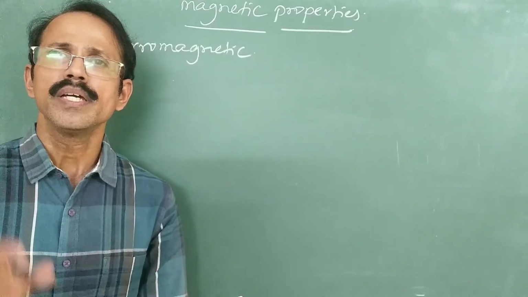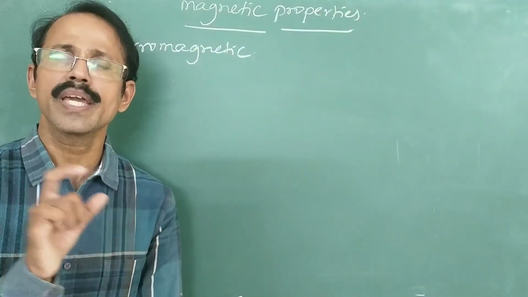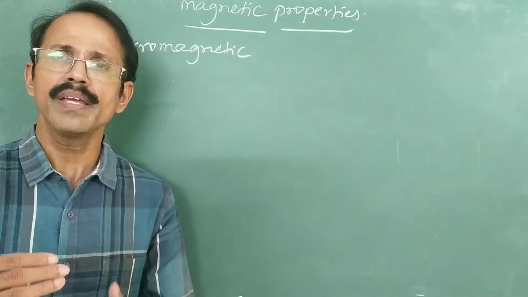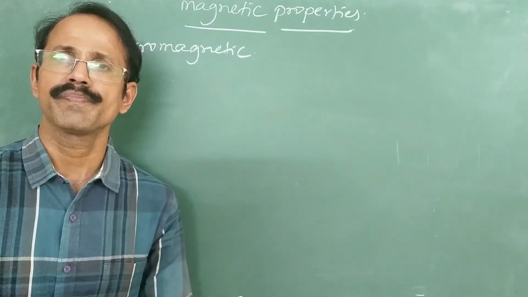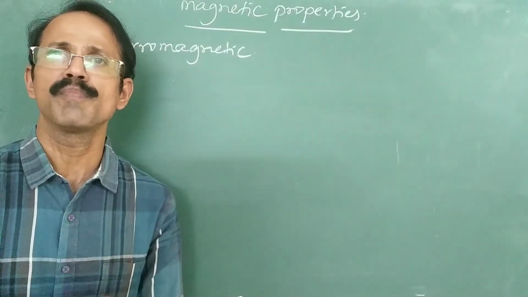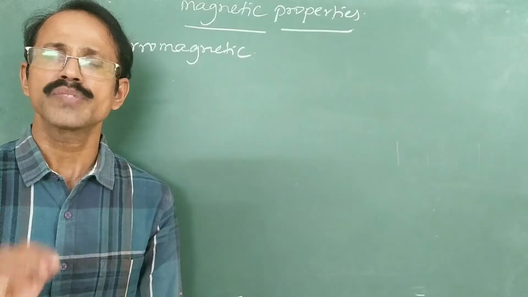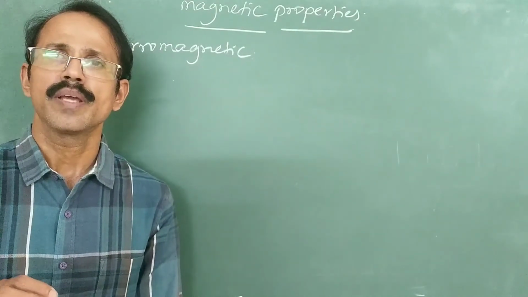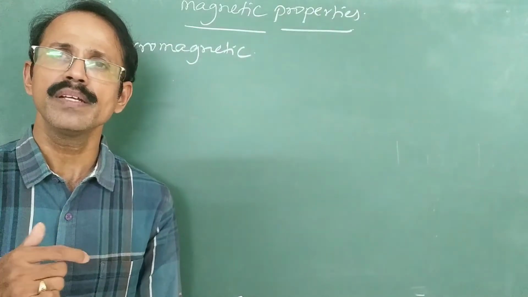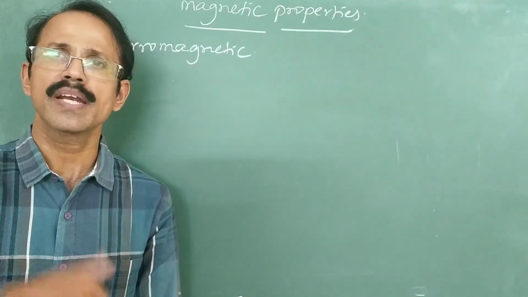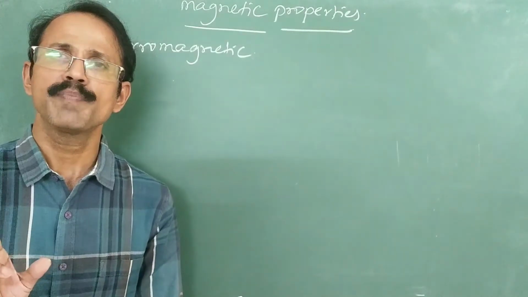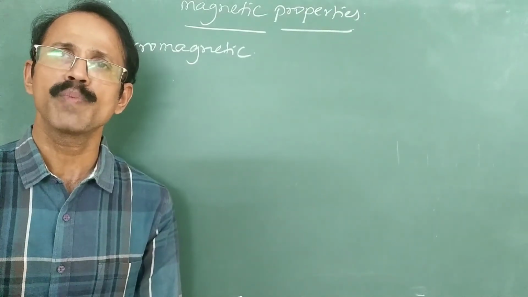If you keep this substance in a magnetic field, the magnetic domains will be aligned in opposite directions, in equal numbers. So the magnetic moment of one magnetic domain is cancelled by the domain aligned in the opposite direction. That is why the resultant magnetic moment becomes 0.